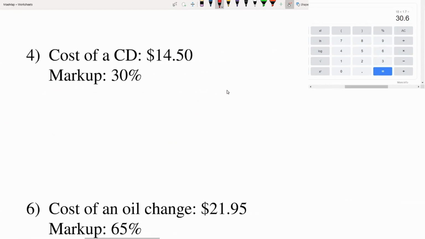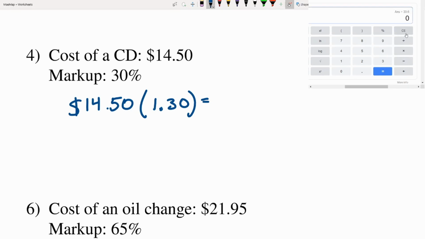Moving on to number 4, the cost of a CD is $14.50. So if I'm taking that original purchase price of $14.50 and we're marking it up by 30%, changing 30% to a decimal would be 0.3, and then adding it to 1 so that I take that original into account, that will be 1.30.